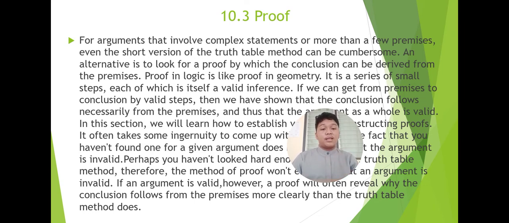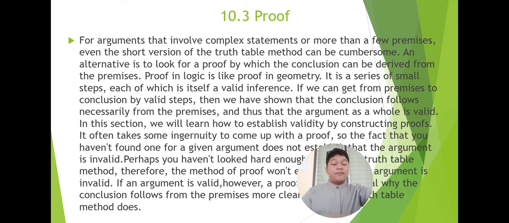If the argument is valid, a proof will often reveal why the conclusion follows from the premises more clearly than the truth table method does. If we can get from the premises to the conclusion by valid steps, then we have shown that the conclusion follows necessarily from the premises and that the whole argument is valid.